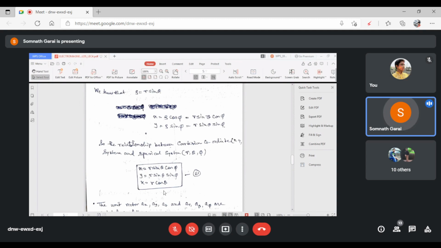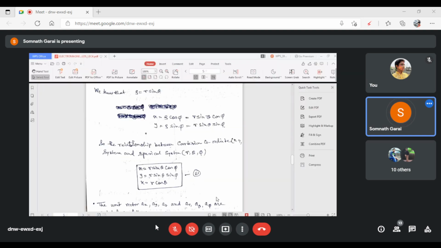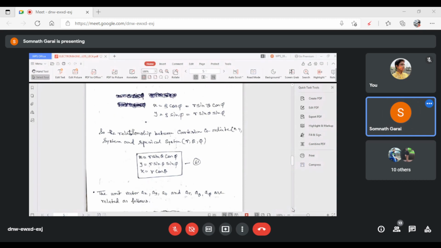So Cartesian coordinates x, y, z are related to spherical coordinates by these three equations, number 61. That is the relation. Okay. Any doubts, anyone? No, sir.